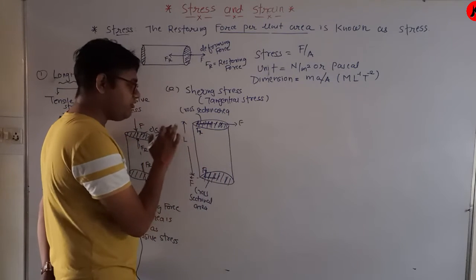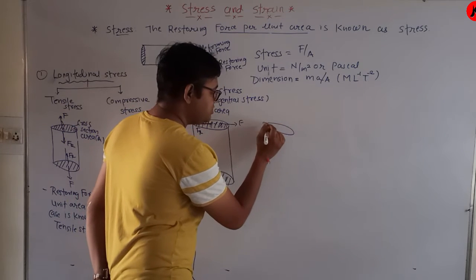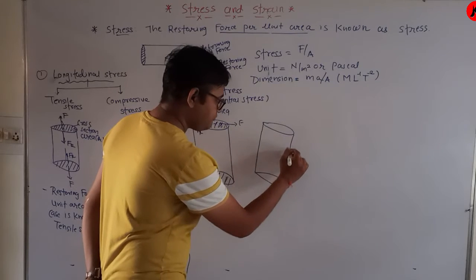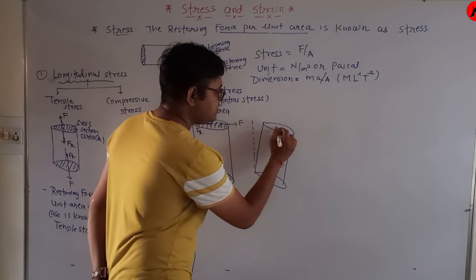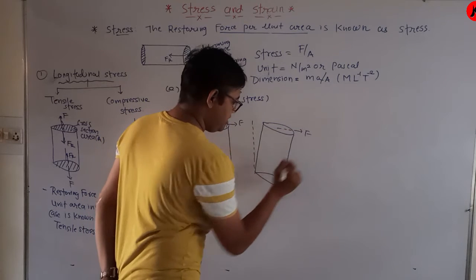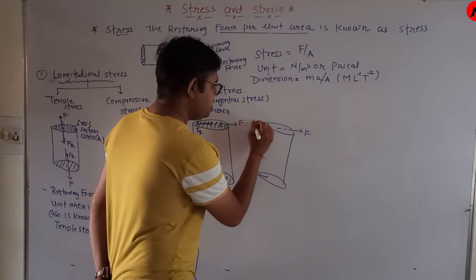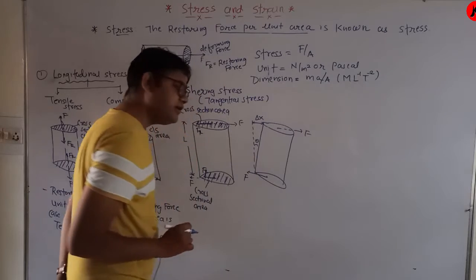First of all, when we apply the force F, the cylinder is deflected like this. This is the applied force F, and here also the applied force F, this is the deflection delta x, and this is the angle of deflection.